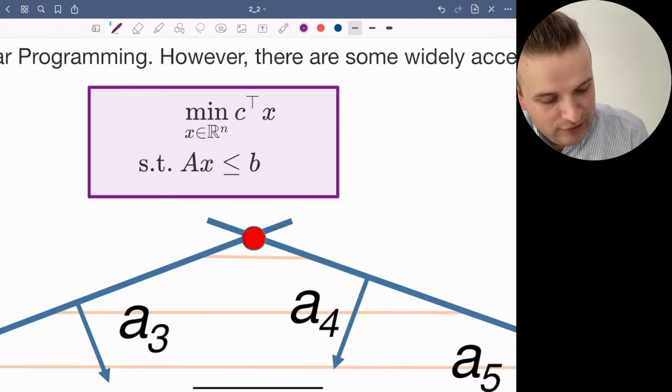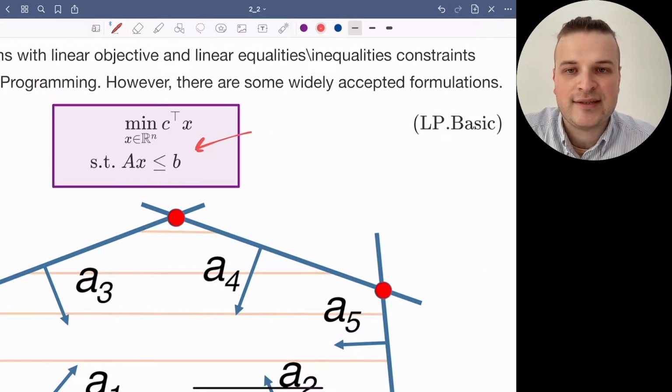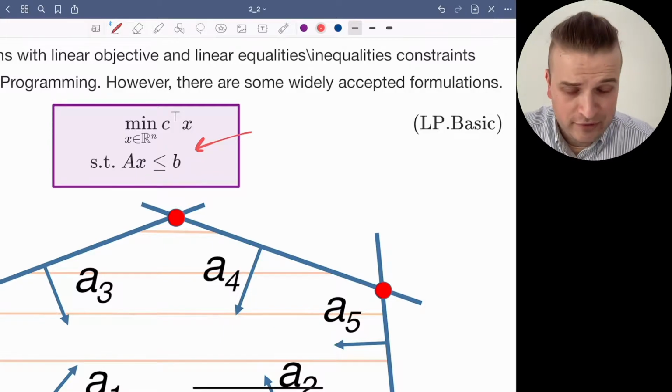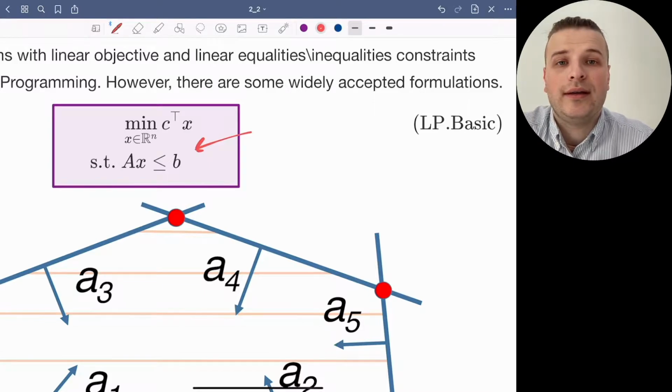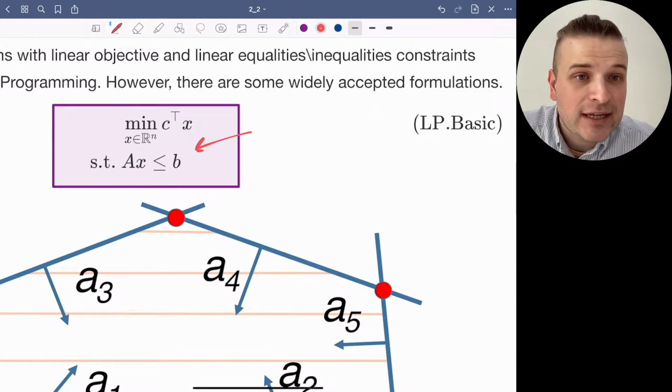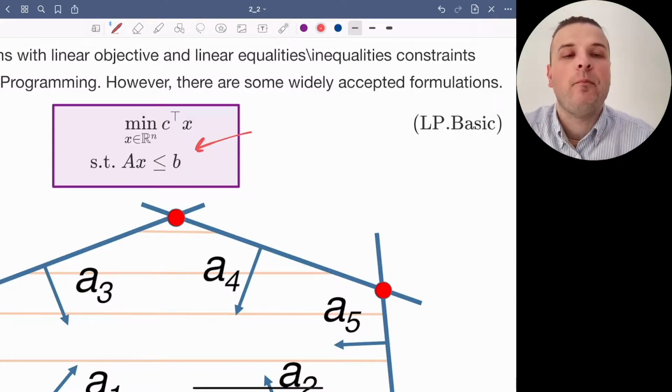And actually, these things could be considered without any loss of generality, because any linear constraint here in inequality form could be packed in this matrix form.